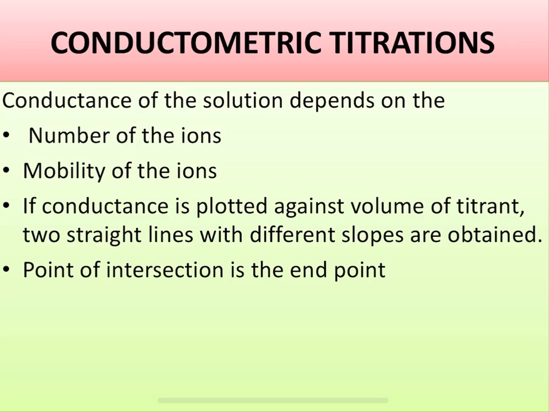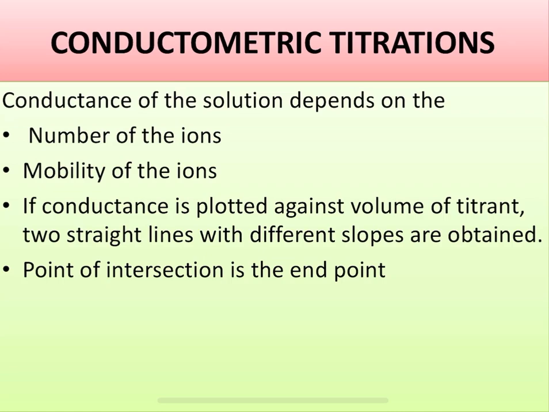Before that, the instrument should be calibrated. Once that is done, the conductivity cell should be thoroughly rinsed with distilled water and then with the solution whose conductance we have to find out. Then we measure the conductance as successive amounts of the titrant are added.